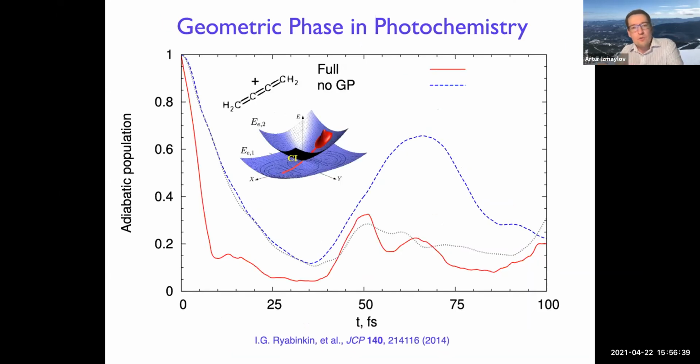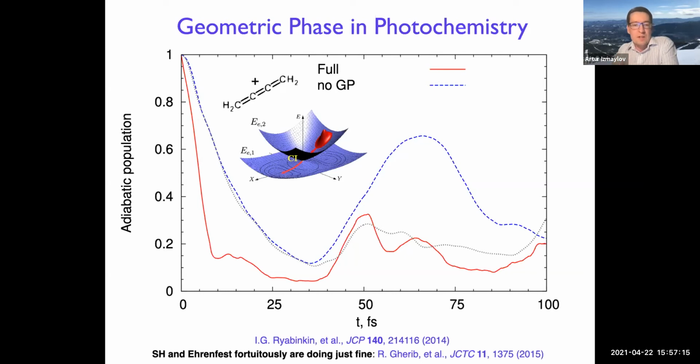So now, if you look again at the population dynamics from the upper state to the lower state, going from, say, 100% on the upper state, we go quite differently in time depending on whether we introduce the geometric phase. The full red curve is with everything, and if you remove the geometric phase, then the transfer is just slower.